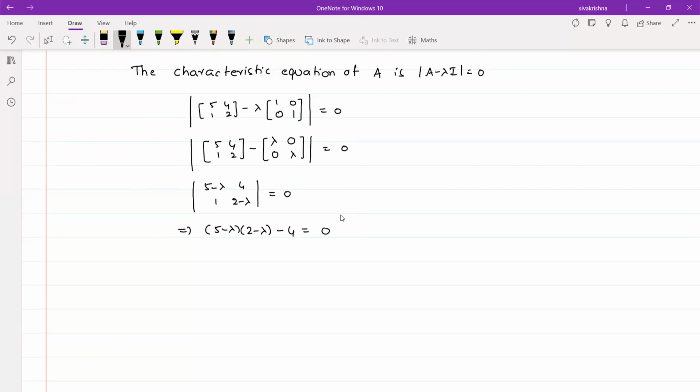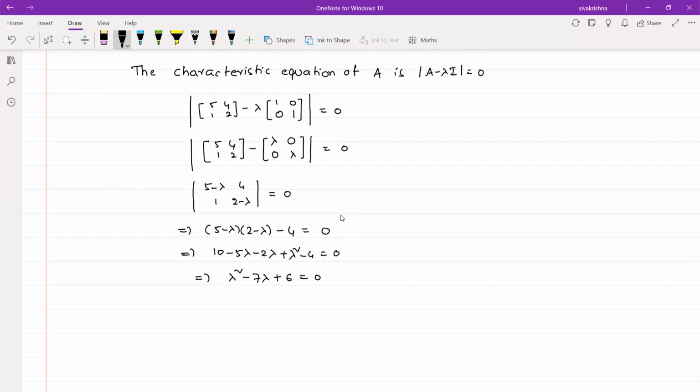Now we have to simplify this. 5 into 2 is 10, 5 into minus lambda is minus 5 lambda, minus lambda into 2 is minus 2 lambda, minus into minus gives plus lambda square, minus 4 is equal to 0. So we get lambda square minus 7 lambda plus 6, since 10 minus 4 is plus 6, is equal to 0.